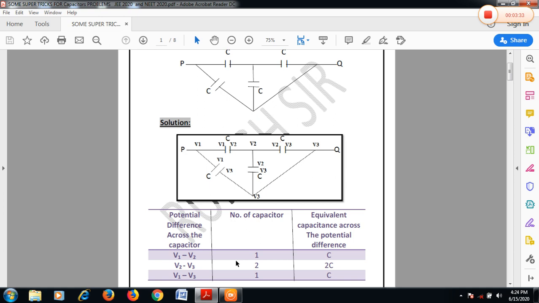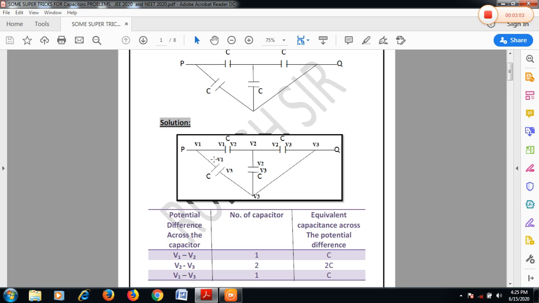Here we have segregated all the capacitors according to the potential difference across them, the number of capacitors which have this potential difference across them, and the equivalent capacitance across that same potential difference.